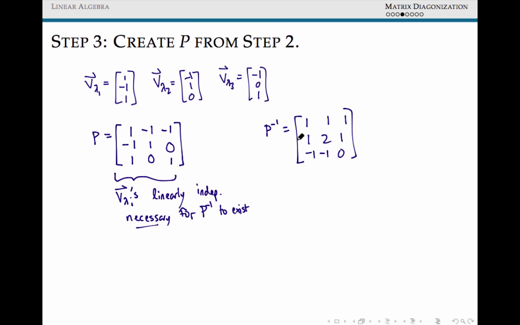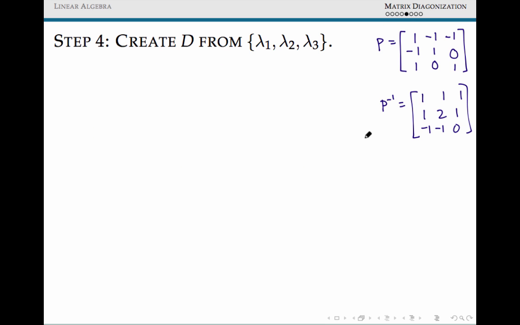So this is our P and our P inverse that we're going to use in our step 4, or I guess technically our bonus step where we check that our multiplication works. Now that we have our P and our P inverse, recall that to create our D, we set up a diagonal matrix where our diagonal entries are the ordered eigenvalues we used before. Since our first column of P corresponded to eigenvalue 1, we'll make sure that 1 is our very first entry.